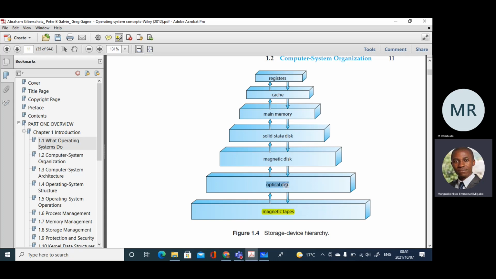Then optical disks, meaning they are read by an optical eye, an infrared of some sort, come next. Those will be your CDs, etc. But most computers use magnetic disk.